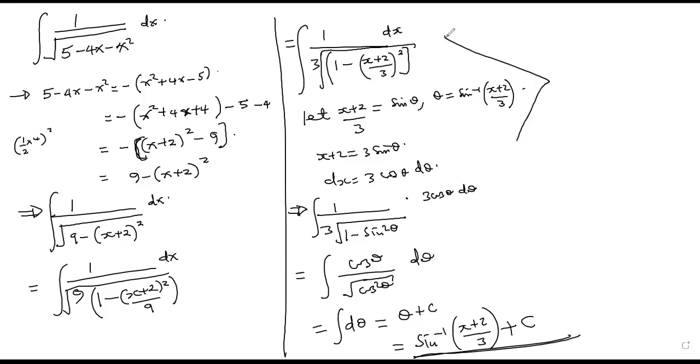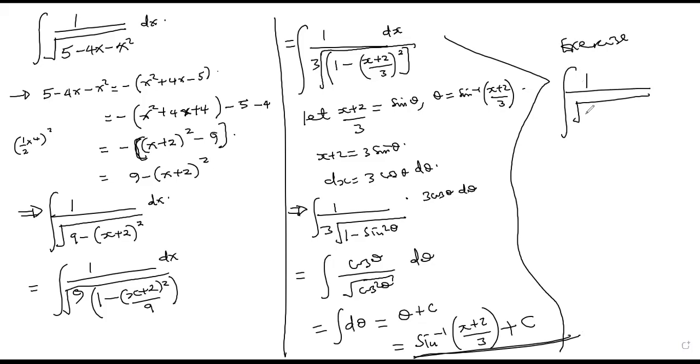So every viewer is going to do this exercise. Then we see how best we can make it. I want everyone to integrate for me 1 over the root of 12 plus 4x minus x squared dx.